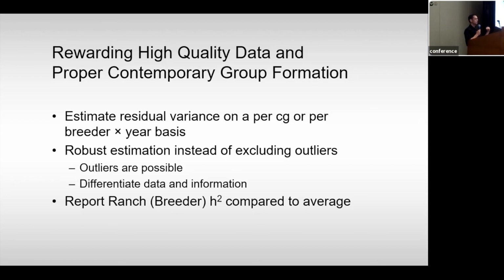The model counts birth weights and assumes that they're birth weights. And so that's a violation of the assumptions of the model, and can create this difference between model derived and true accuracy. And so if we could do a better job throughout all trait complexes of rewarding higher quality data and differentiating that, there would be an advantage.